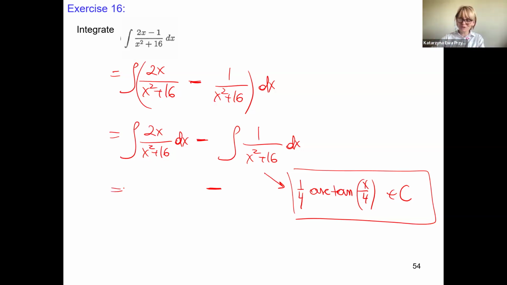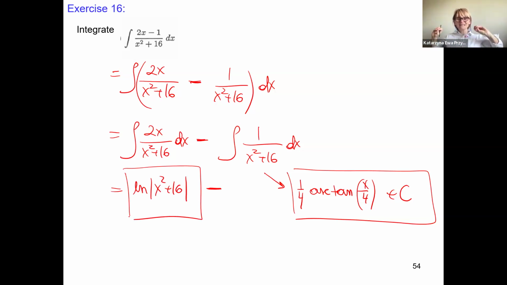That means it will be 1 over u du, natural log of u, and this is u. Okay, we can see how two different outputs, two different antiderivatives for the same denominator, but different numerators. Really good. Okay, that's it. Let's finish. Let's remember that little trick that we can split and take care of both of them separately.